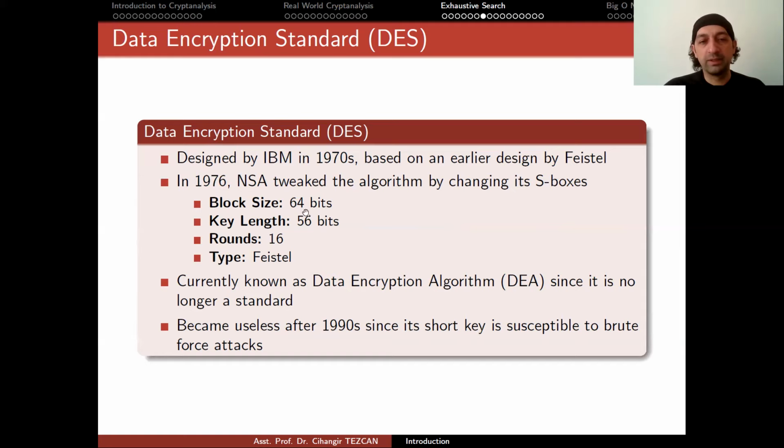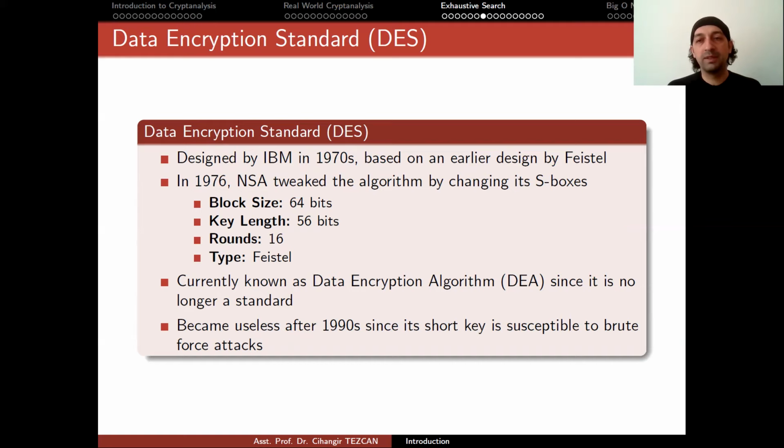It has a block size of 64 bits, it has 16 rounds, and the type is Feistel style. This algorithm is currently known as the Data Encryption Algorithm, DEA, instead of DES. This is very important because people still think that DES is a standard and it is secure. Even when you search the web, for instance, for encryption or cryptography, there will be web pages describing how encryption works by giving examples using DES.